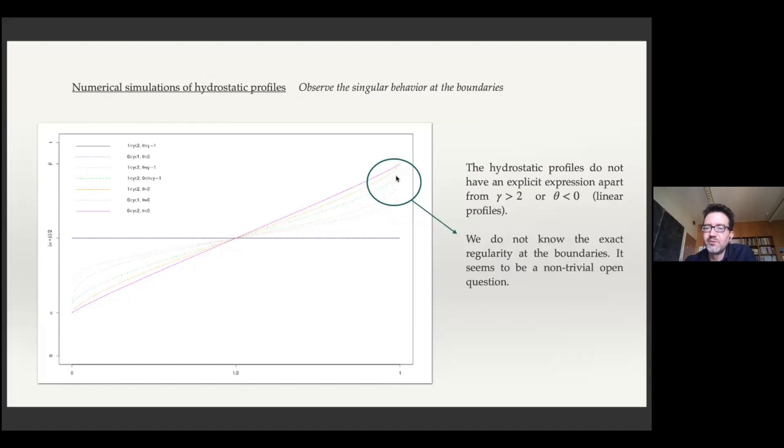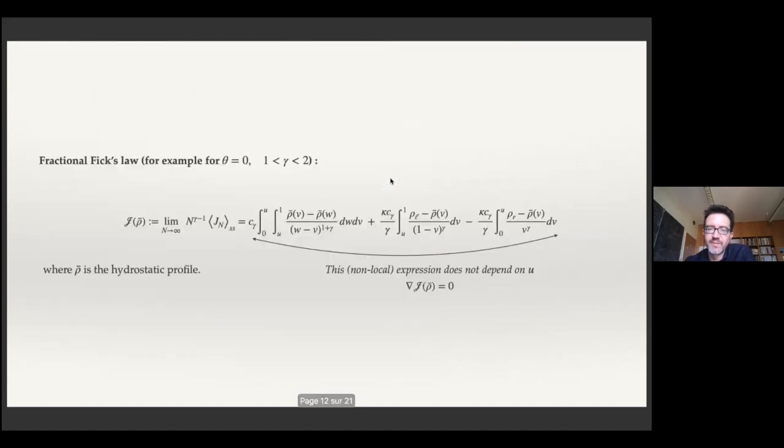Can you compute, can you give the exponent, so the description of the hydrostatic profile or hydrodynamic limit profile at the boundary? This is something that I don't know how to solve. I show you this because I will come back later to this phenomenon.